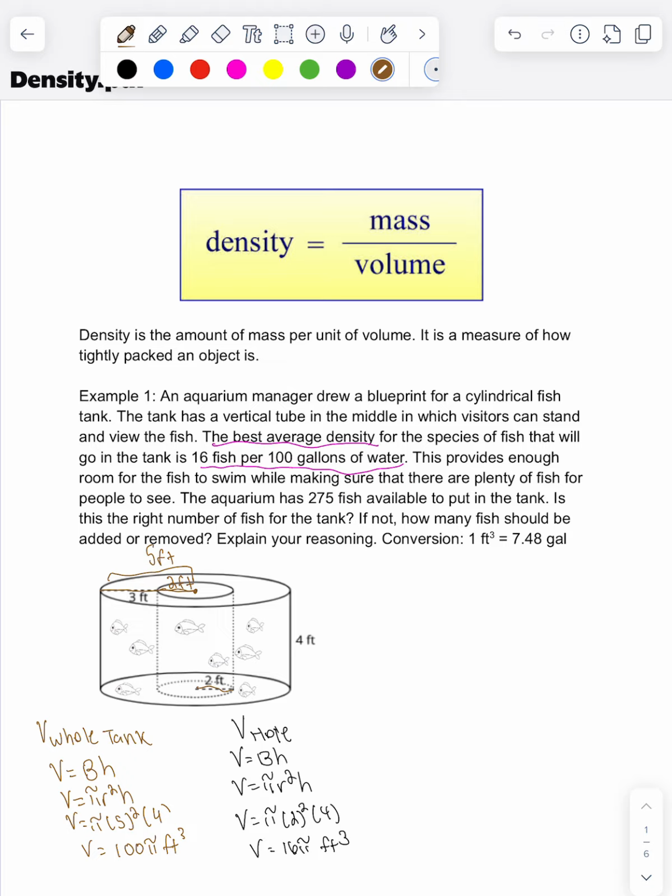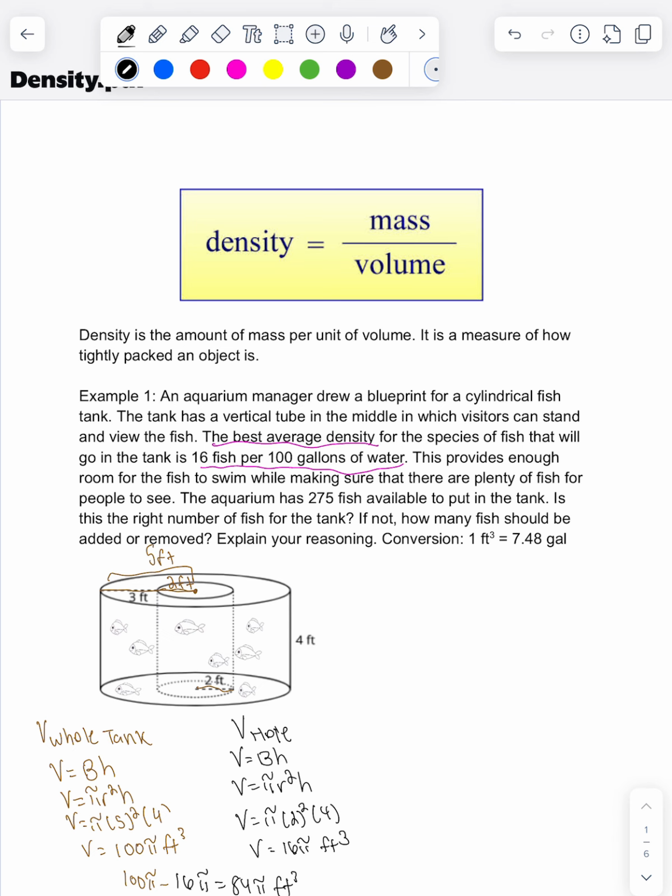If we subtract the two, we get 84 pi cubic feet. That's the volume of the part where the fish go and the water goes. So that's the amount of water that can go inside of this fish tank.